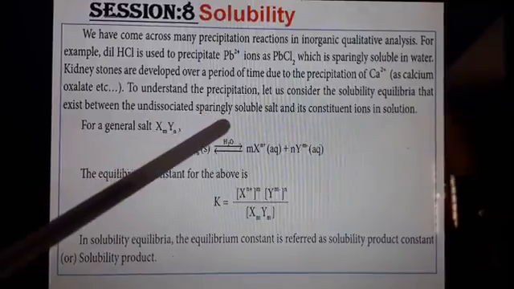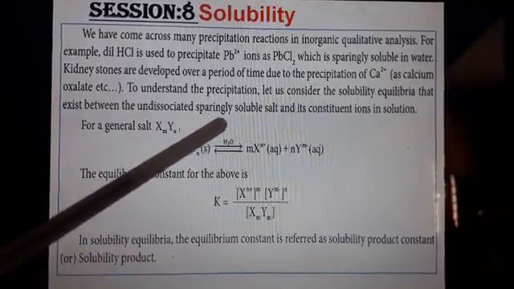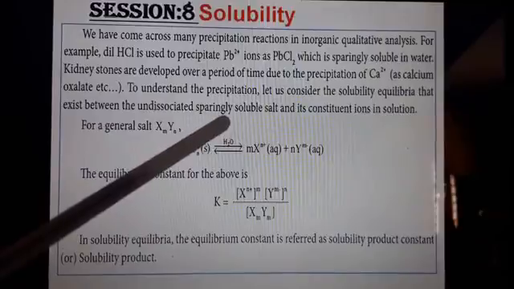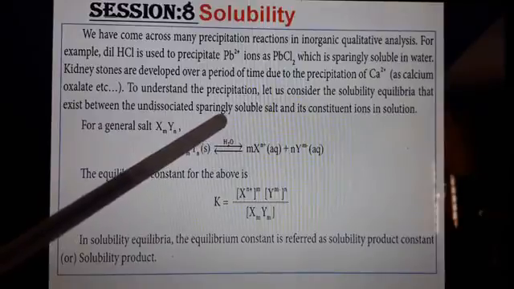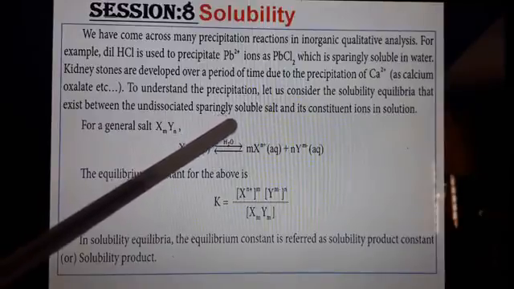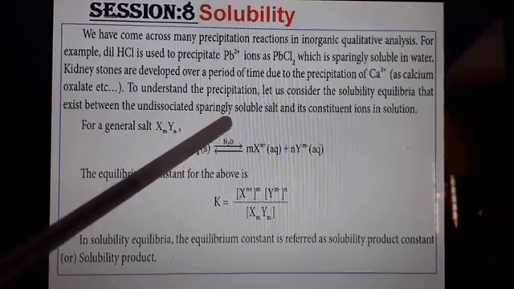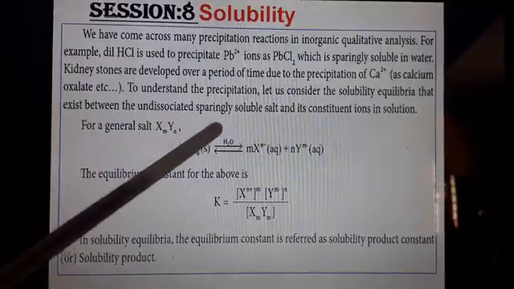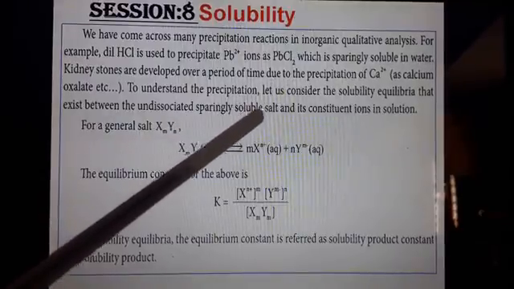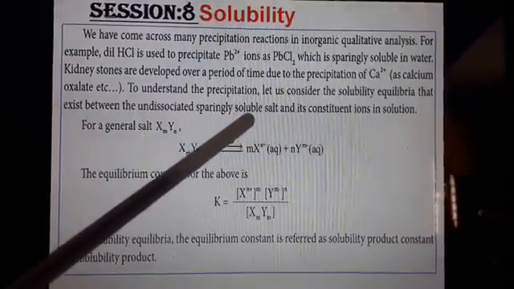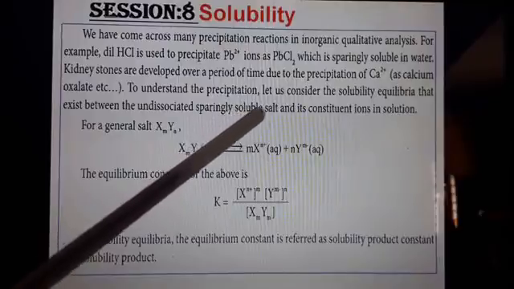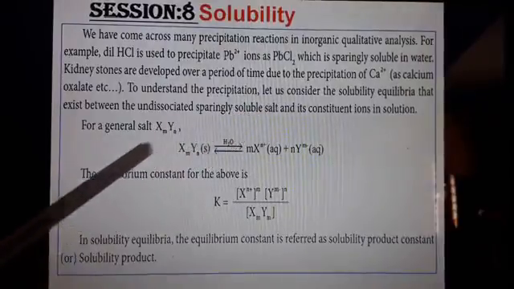Undissociated means the compound is without splitting, the ions are not split. So the undissociated sparingly soluble salt and the constituent ions in the solution are the solubility equilibria.